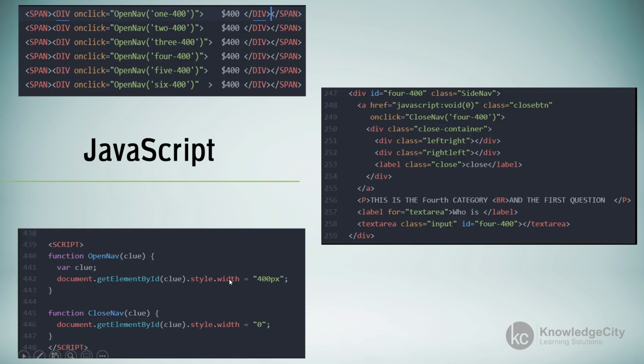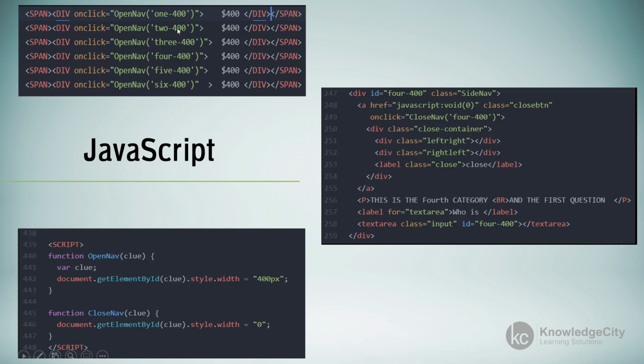I style the width of the page to say I want this width to be 400 pixels. When the user closes the navigation window, I then style it back to 0 pixels, and effectively that closes the window.